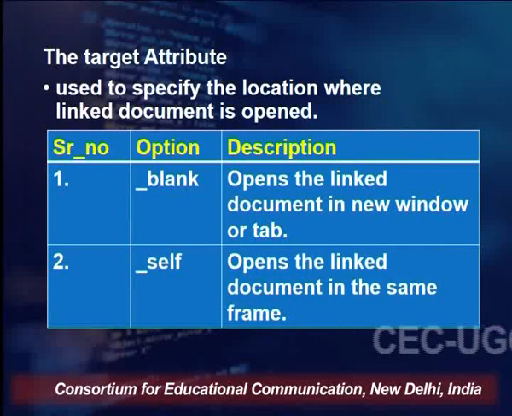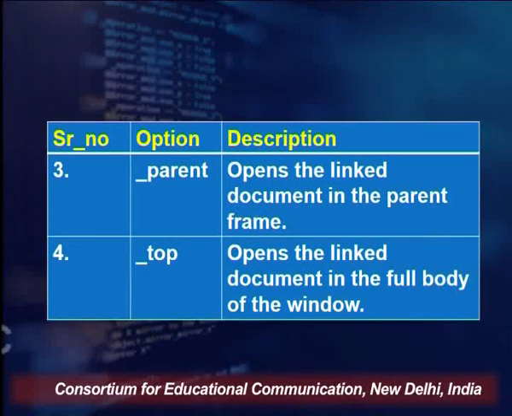Then we have _parent as the value of target, which opens the linked document in the parent frame. That means the frame in which the link is contained is the child frame, and the frame above it is known as the parent frame. The concept of frames we will cover in detail in upcoming lectures. So it will open the linked document in the parent frame.